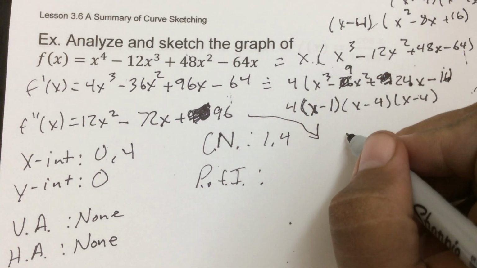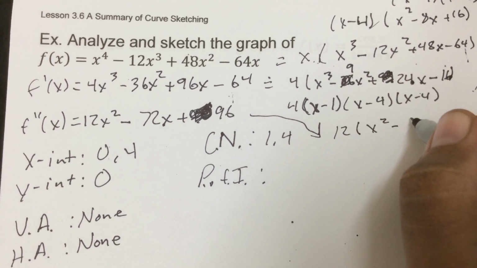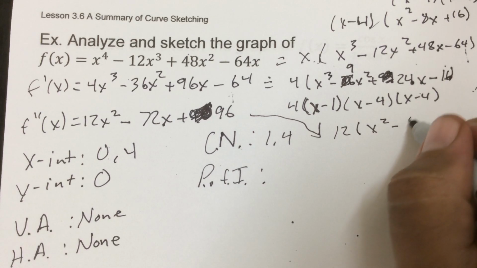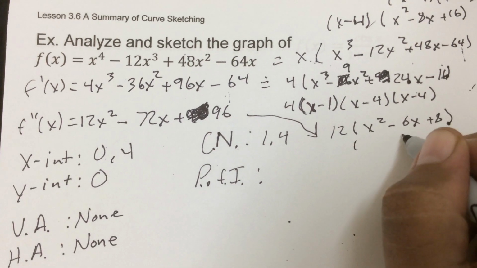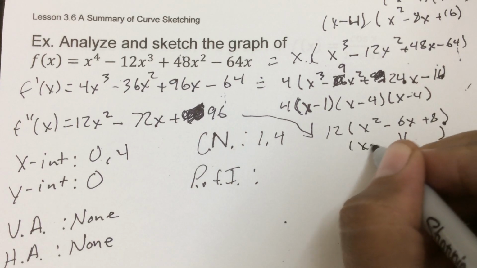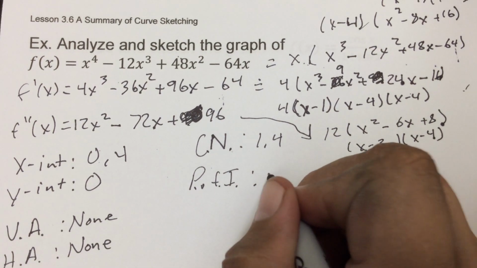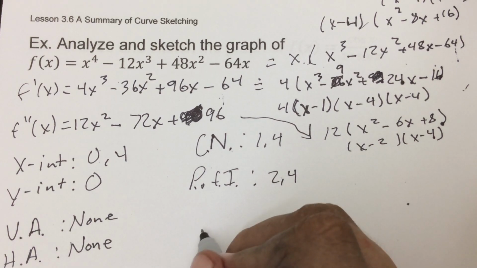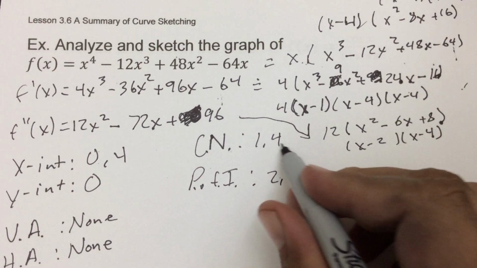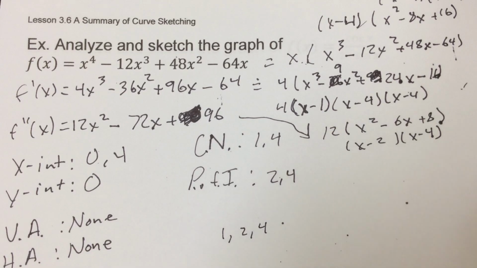I'm kind of running out of room here, but we'd be able to pull a 12 out and have x squared minus 6x plus 8, since 12 goes into 72 6 times, and 12 goes into 96 8 times, which would then factor out to be x minus 2, x minus 4. So our points of inflection are going to be 2 and 4. So our three that are different, no vertical asymptotes, these here are going to be 1, 2, and 4 that we're going to break this up by.